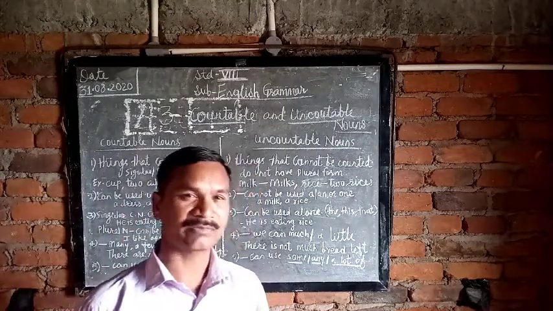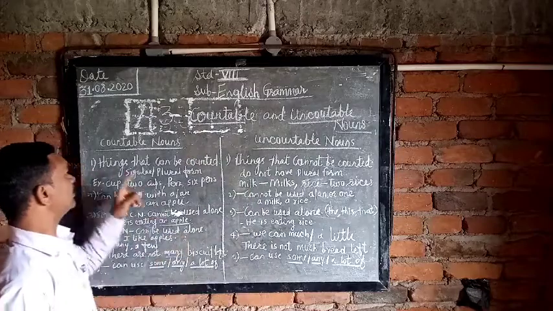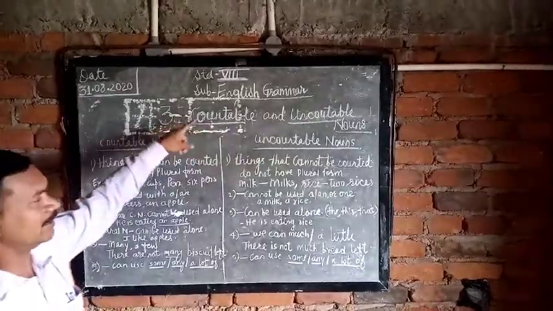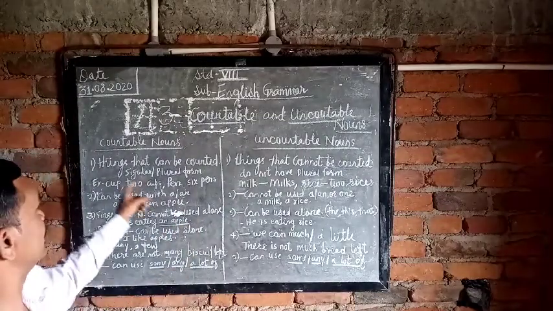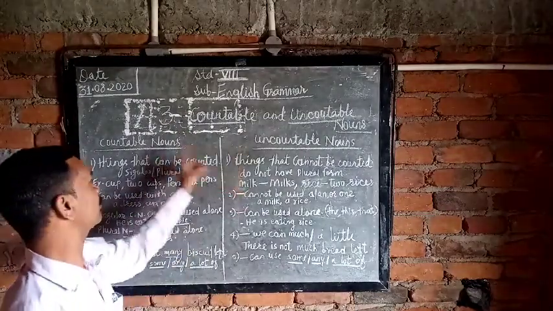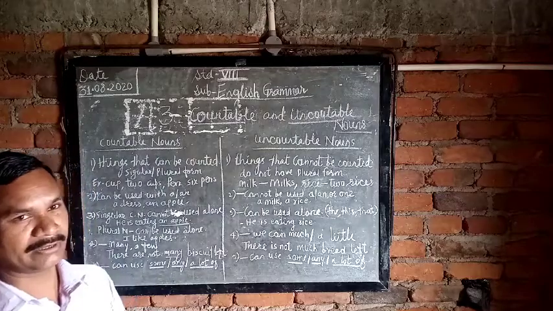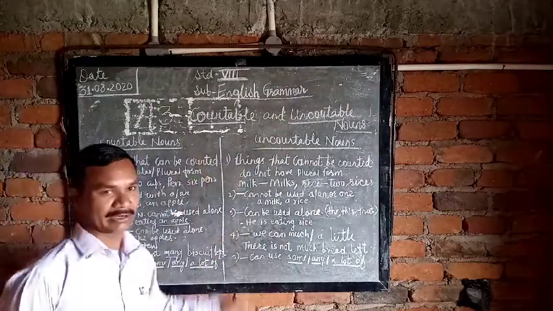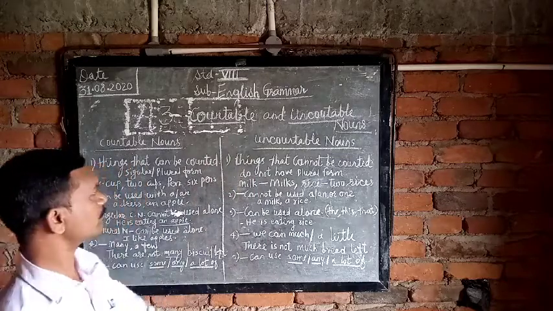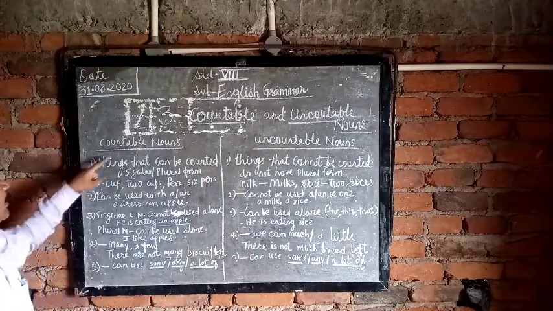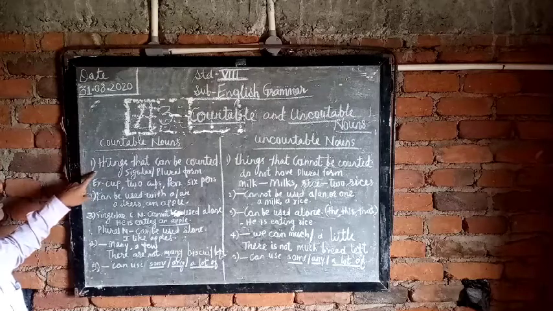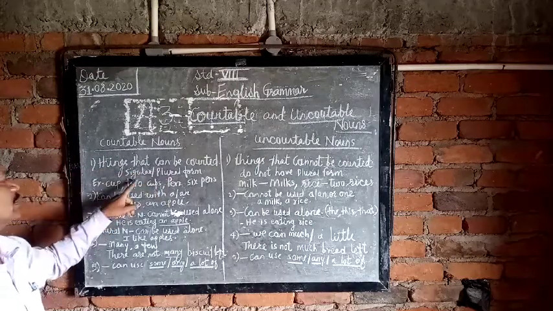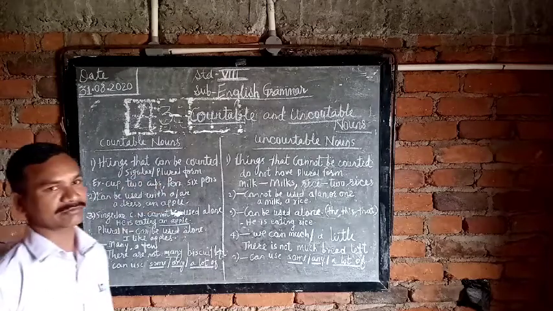Is it clear? Yes. Now we're discussing countable nouns and uncountable nouns. See here at the blackboard, this is the differentiation between uncountable and countable nouns, because this is easy for you to understand. First we take countable nouns. Countable nouns are things that can be counted, in singular or plural forms.